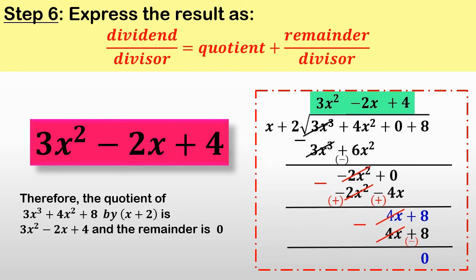And the remainder is equal to 0. Okay, so those are the procedures or steps that we need to follow when we are dividing polynomials by a binomial.